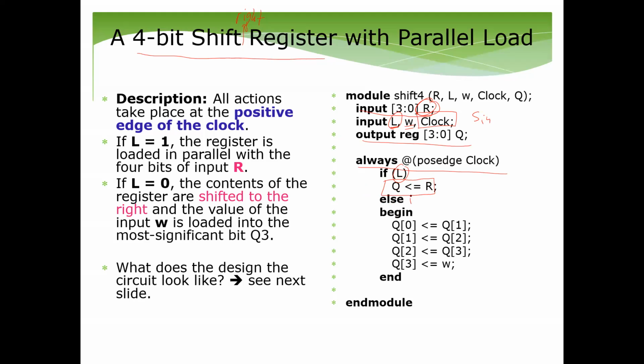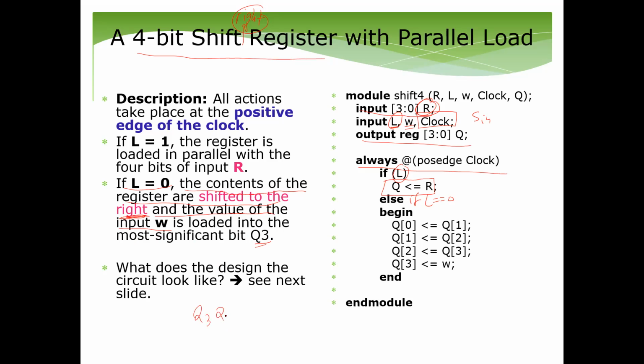Now else, that means if L is equal to 0, meaning I want to shift. So if L equal to 0, the contents of the register are shifted to the right. It's important to note that if this is a shift right register or a shift left register. Now, the value of input W, which is serial in, will be loaded into the most significant bit Q3 because we are shifting to the right.